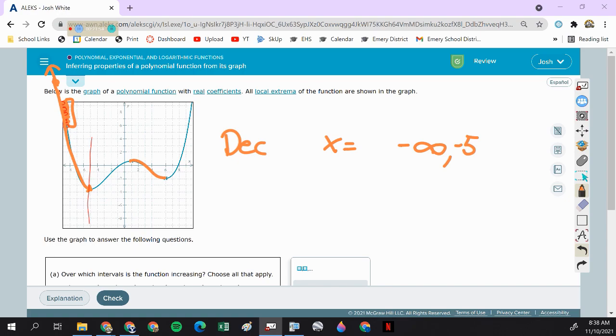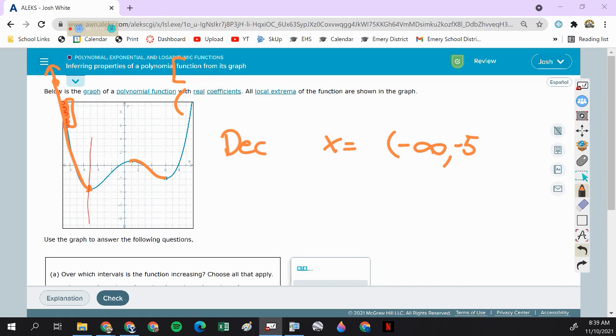Okay, now these are intervals, they're not points. And we have to choose, do we use a bracket, which means equal to, or a parenthesis, which means not equal to? Well, can you ever equal infinity? No. So infinity always gets a parenthesis. Is the roller coaster going down the hill at -5? What's happening at -5?